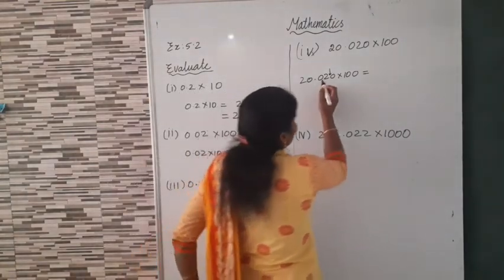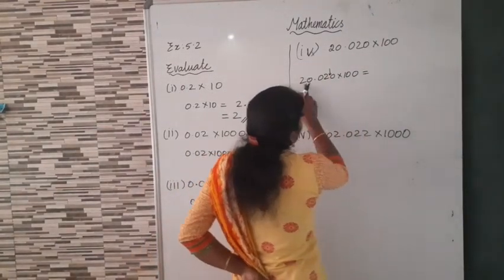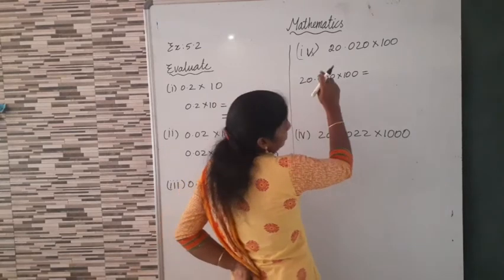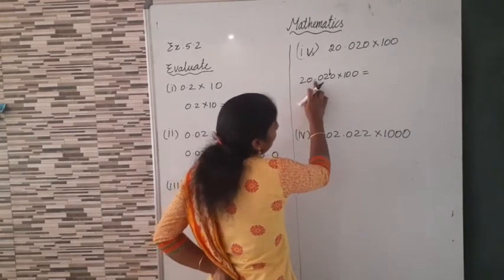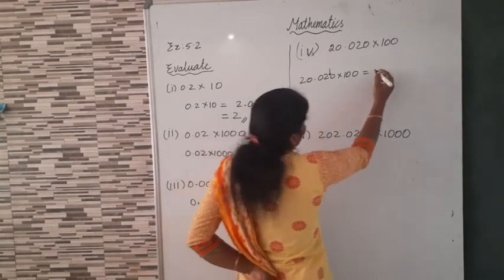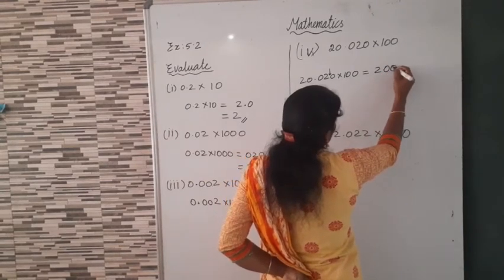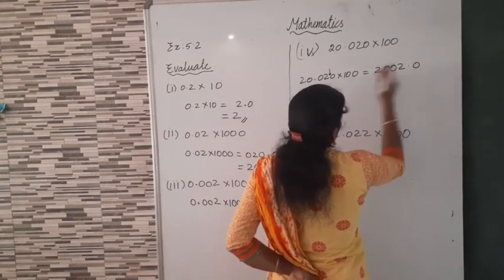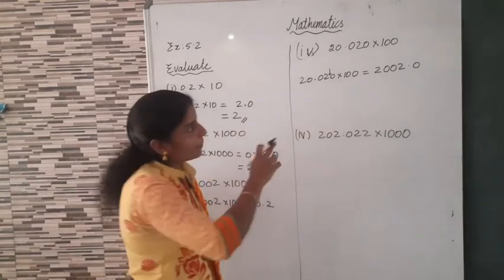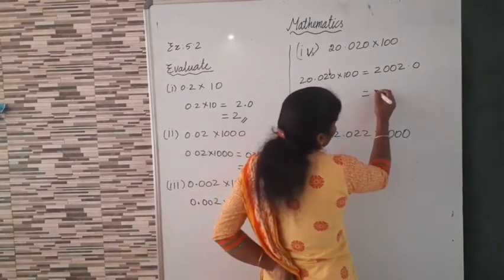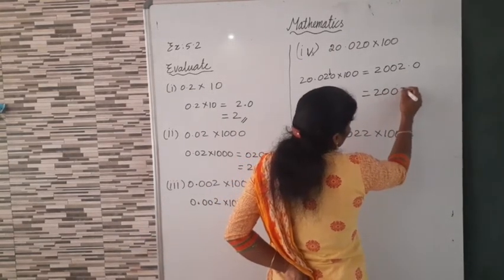So what's the answer? 2002, isn't it? This point will move here. So the answer is 2002.0. After the point there is 0, so no value. So we can write 2002.